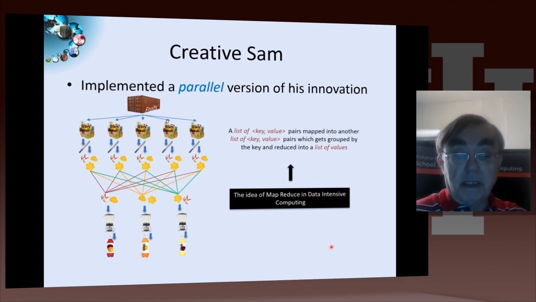And this is the essential idea of MapReduce, that we keep mapping key value pairs into different key value pairs, and then we reduce it to a list of values. And actually, MapReduce will end up not necessarily having this reliance on the key value concept, but this illustrates reasonably well the essential ideas.